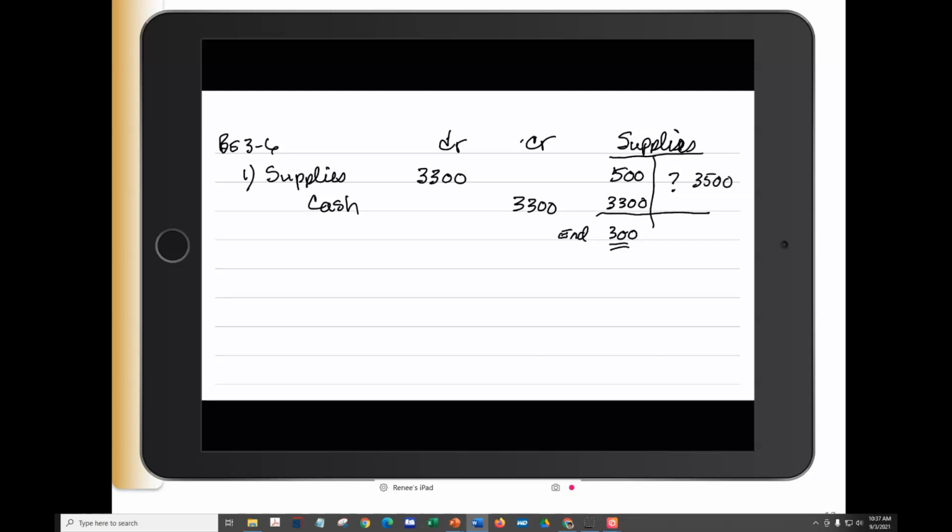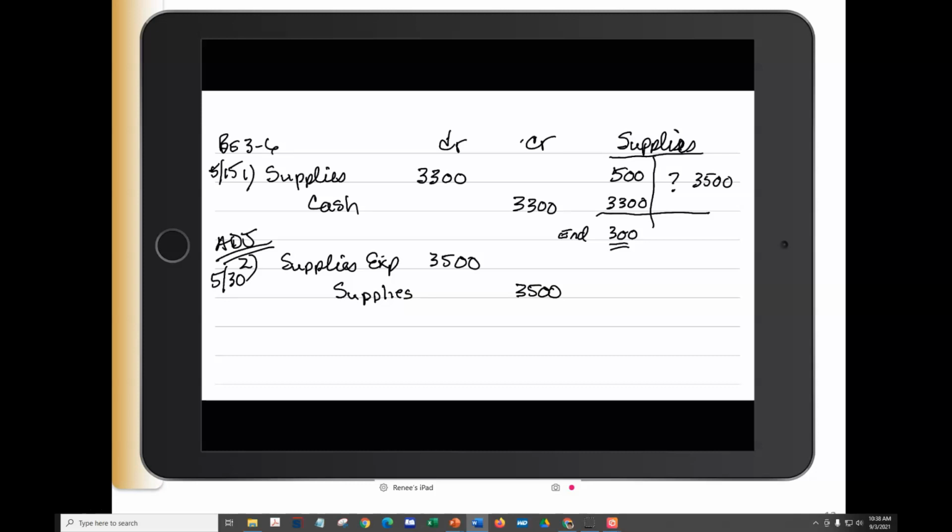The adjusting entry that they ask us to do would be to debit supplies expense for $3,500 and credit the supplies account to show that we used it and to expense what we used. This is the adjusting entry. This entry back here was made May 15th. So this was on 5/15 and this one was on 5/30.